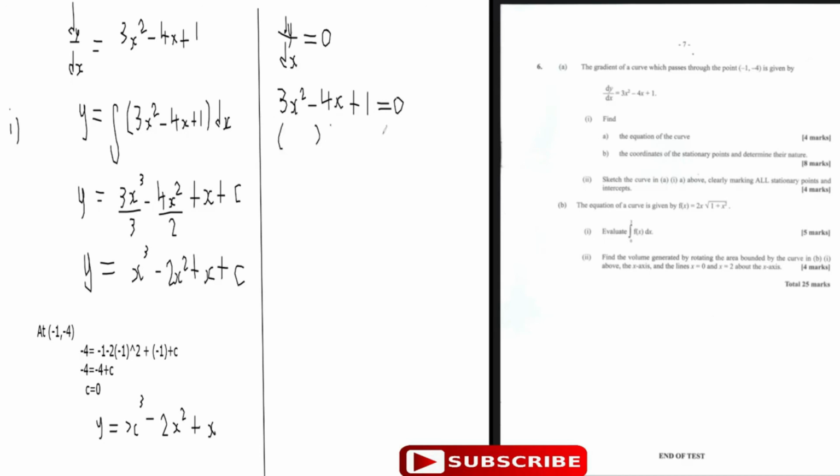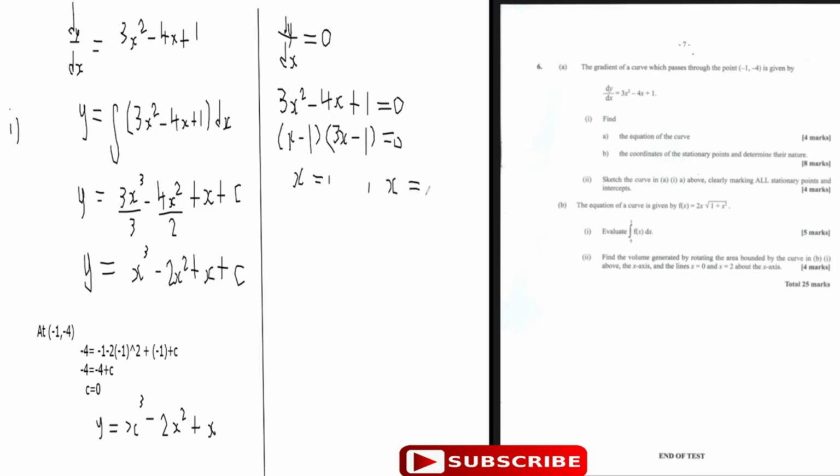By factorizing it, what we're going to get is signs are the same, and both of them are negative. So this has to be x and 3x. And so the stationary points are going to occur when x is equal to 1, or when x is equal to 1 over 3.